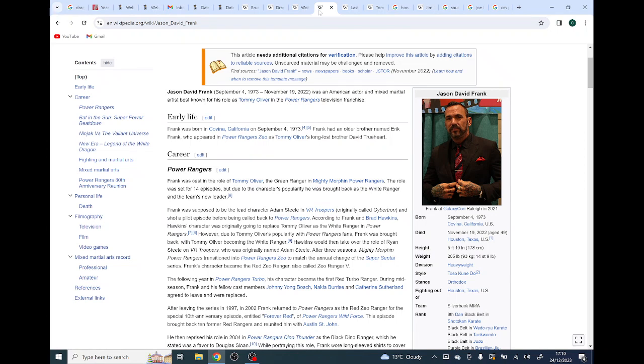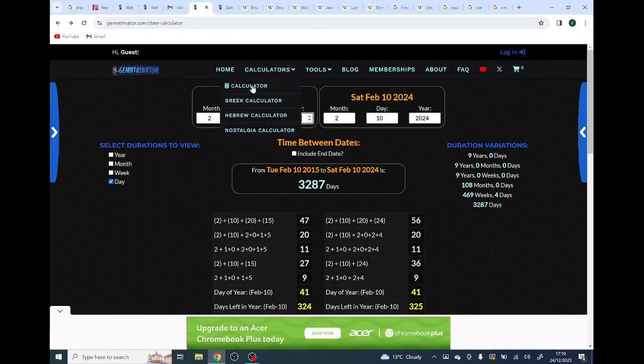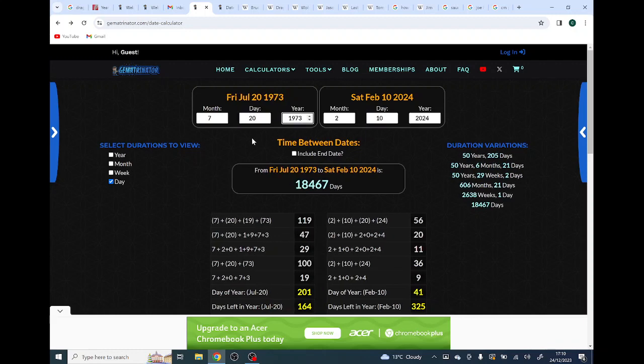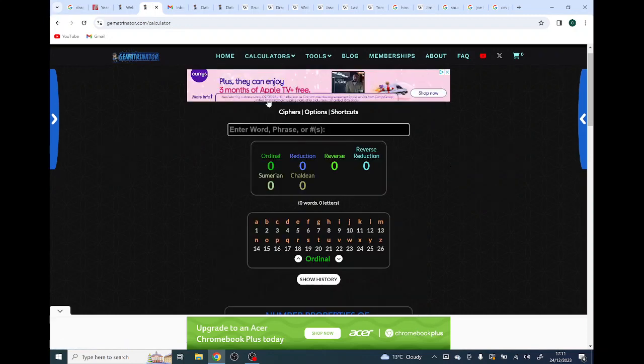And let's go from his death date to Bruce Lee's death date. So 7/20/22, 1973 to 2022. Oh, first thing I'm going to point out, he died on the day leaving 42 days in a year. And what was it?